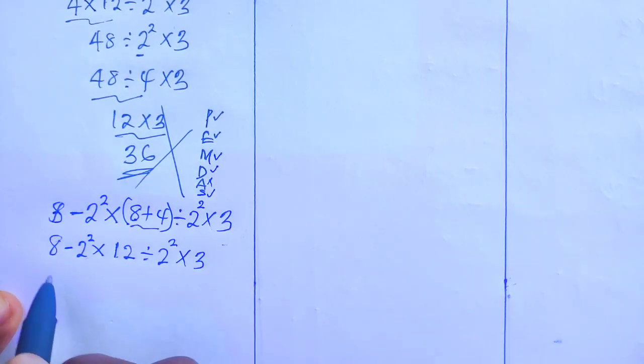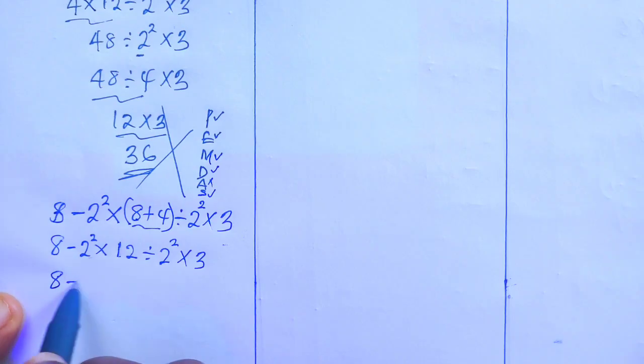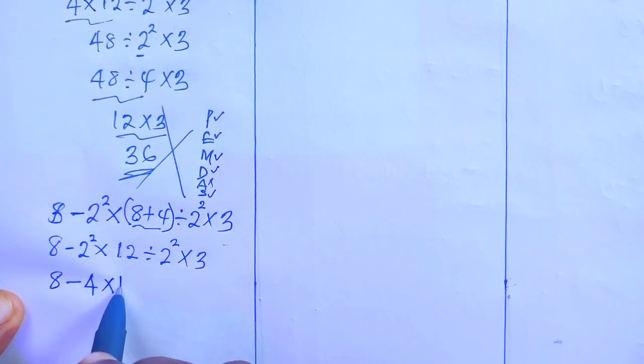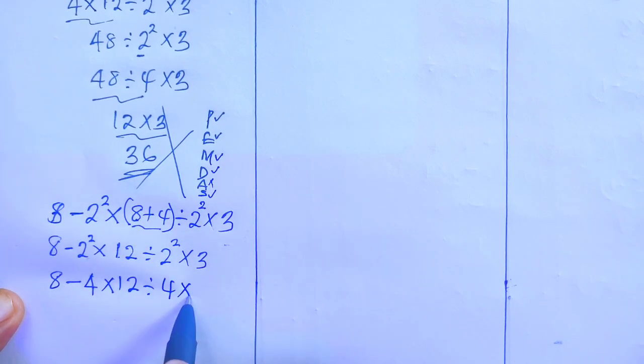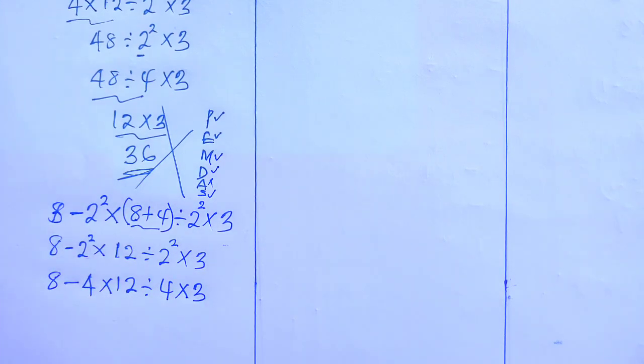Now we have 8 minus 2 to the power of 2, that gives 4, multiplied by 12, divided by 2 to the power of 2, that gives us 4, multiplied by 3. And again, we are going to consider multiplication.